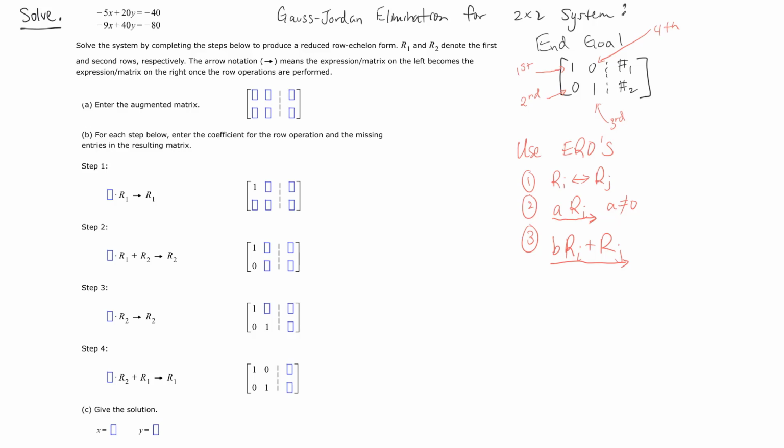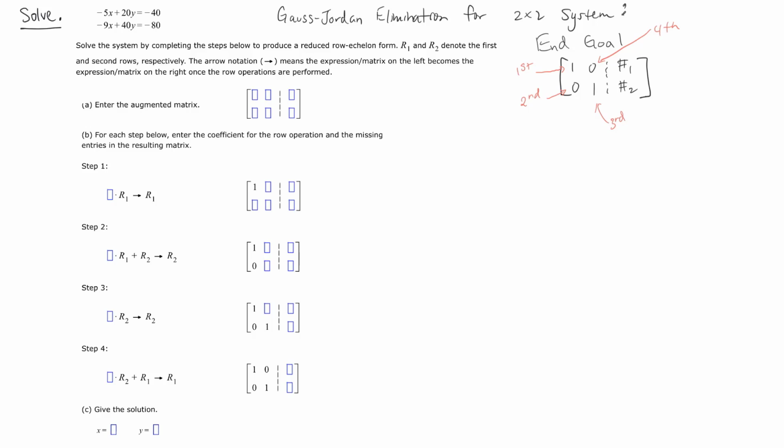Let's go ahead and get started. Unfortunately and fortunately, this example actually tells you what operations to use. It's sort of weird, but eventually you will not get a walkthrough. You'll just be given a system and then you go ahead and perform the elementary row operations to your best ability.